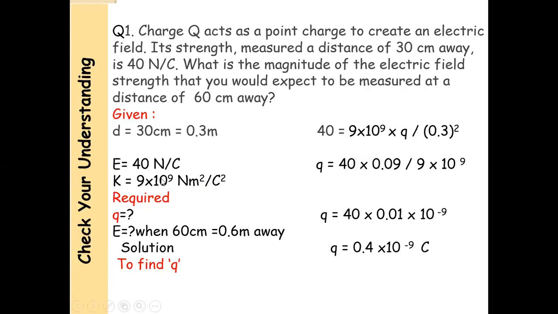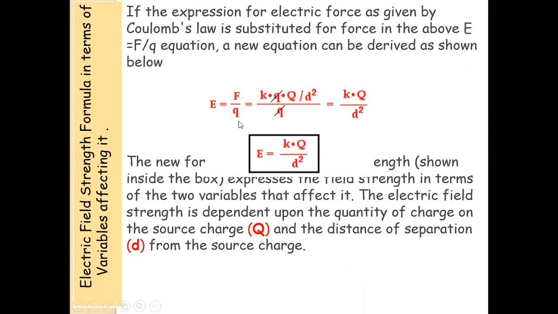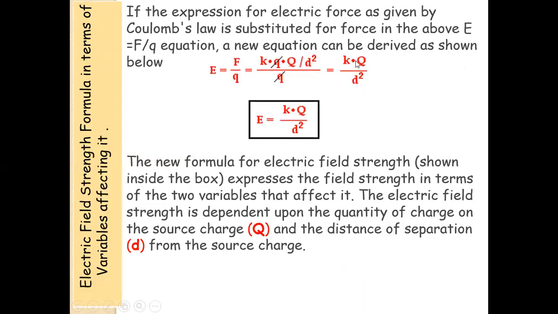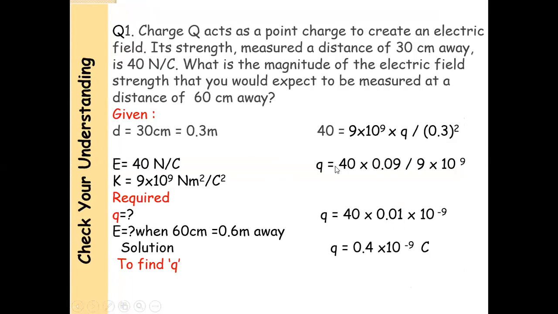Now you know that E is equal to F upon q, and in terms of the variables affecting it, E is equal to kq by d square. So we are going to apply the formula. Electric field strength E is 40.